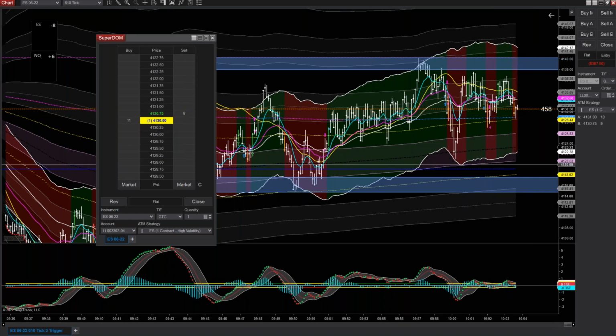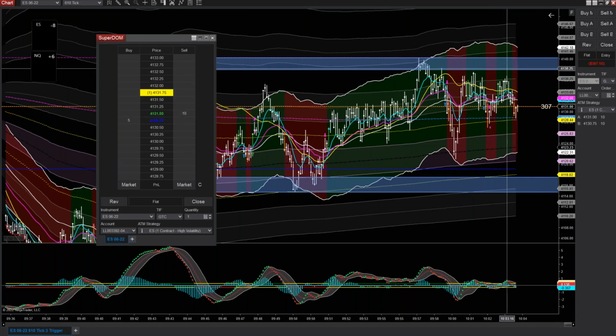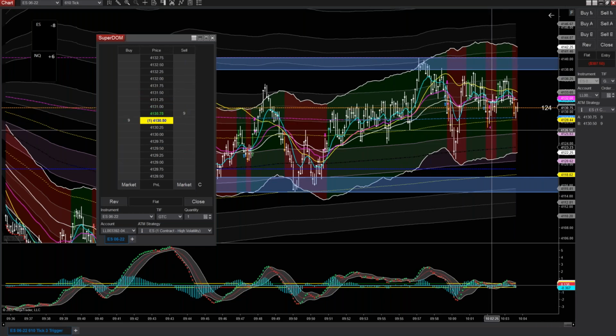So we have immediate momentum here to the upside. We now have another one changing here, possibly to the downside.